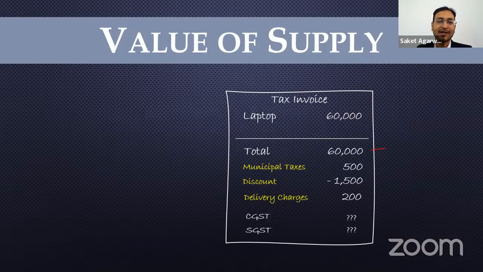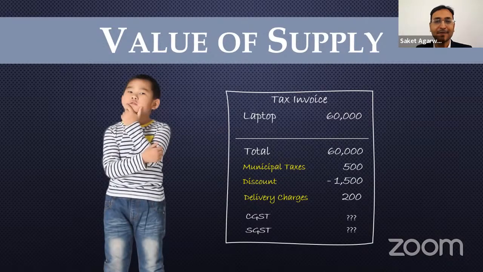Now, is the computation of GST simple? Now it's not so simple. Now it's not so straightforward. We are made to think on what value we will multiply the 18% rate of GST. That is the question that this chapter tries to answer.